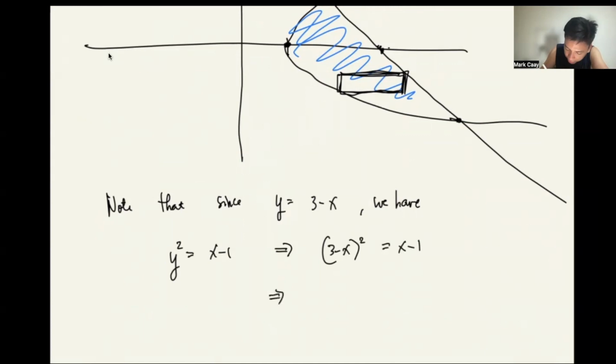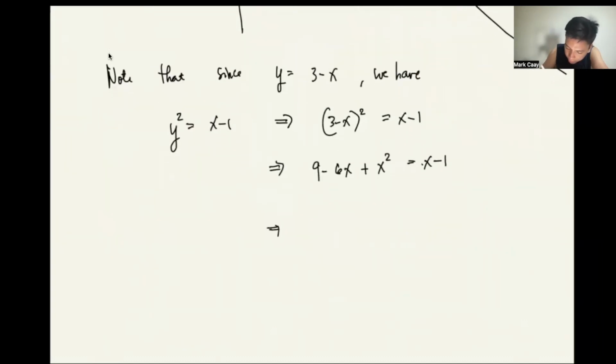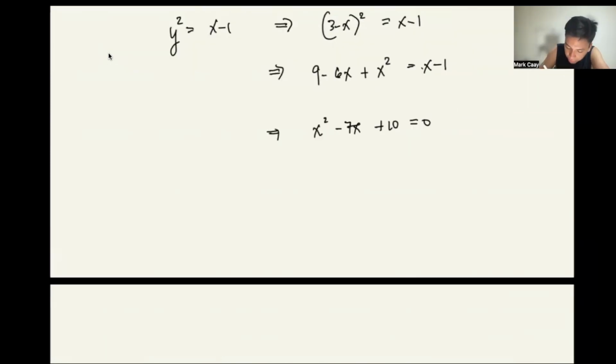So if I simplify that, I get 9 minus 6x plus x squared equals x minus 1. And so I have x squared minus 7x plus 10 equals 0. So this is, factoring this one out, you have x minus 5 times x minus 2. So either x equals 5 or x equals 2.